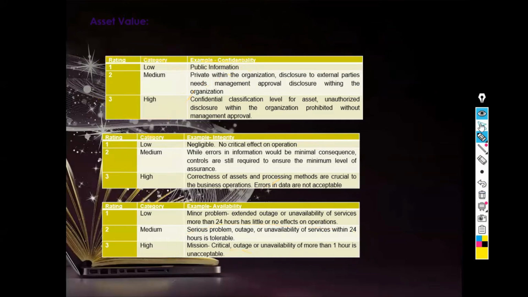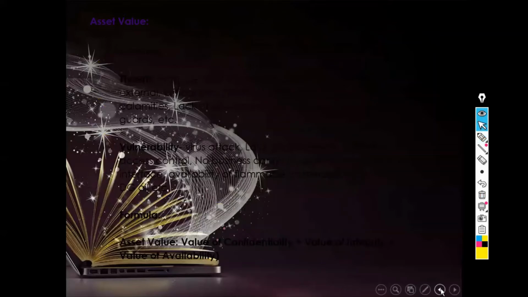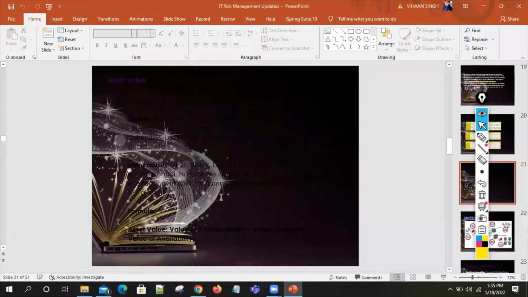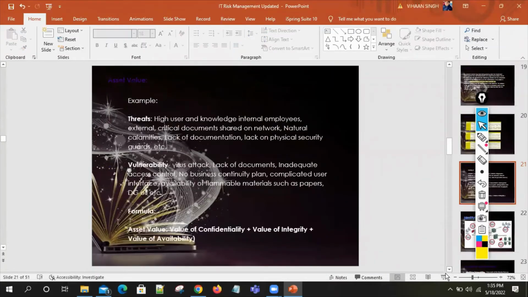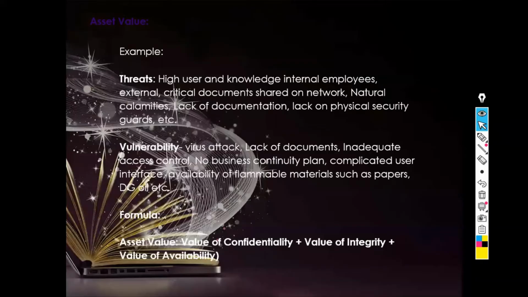So this is the method how to identify the asset value. Let's take some examples. Threats: high user knowledge of internal employees, external critical documents shared on a network, natural calamities, lack of documentation, lack of physical security guards, etc. Vulnerabilities are virus attacks, lack of documentation, inadequate access control and so on.